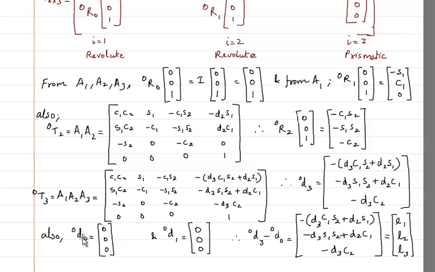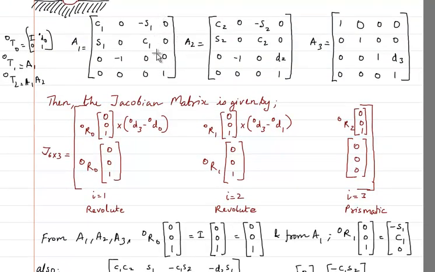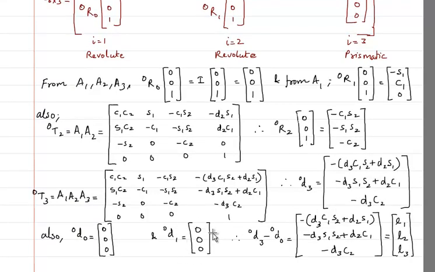Now what is 0d0? We already know that it is going to be 0, 0, 0. 0d1 is, again, as I told here, going to be 0, 0, 0, because 0T1 will give only A1. So that is what we have here.